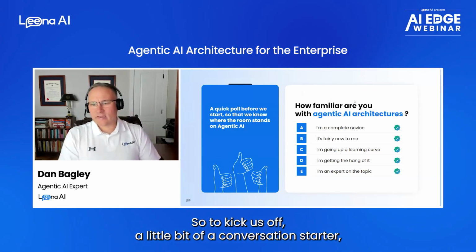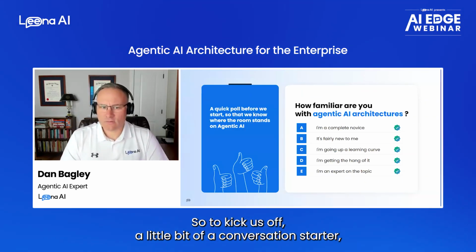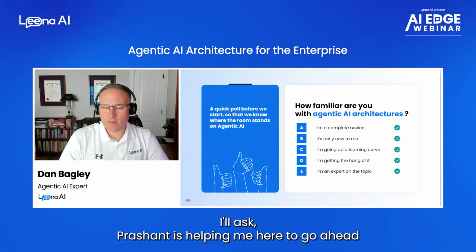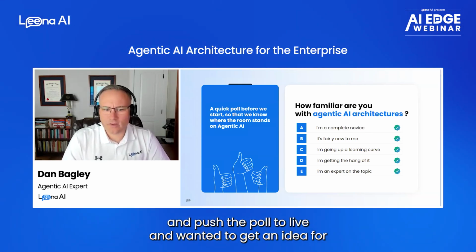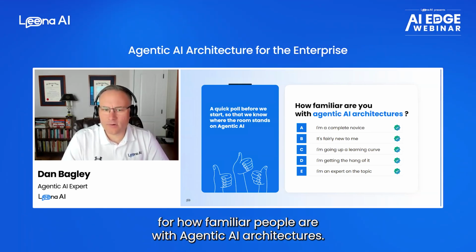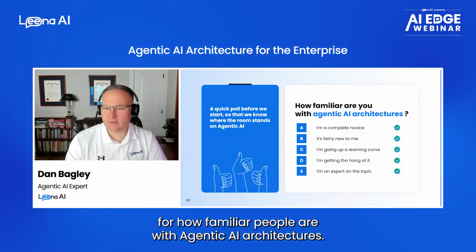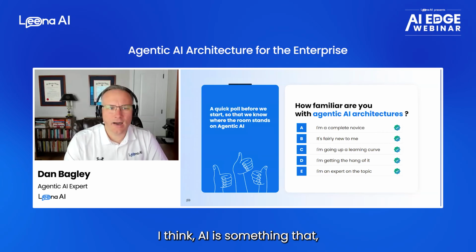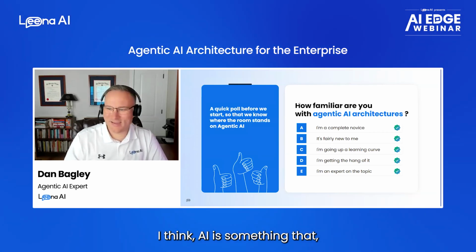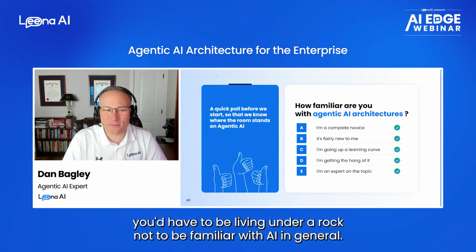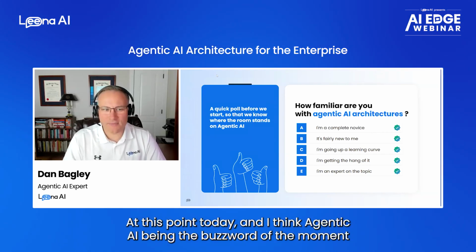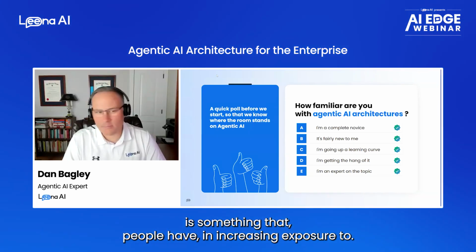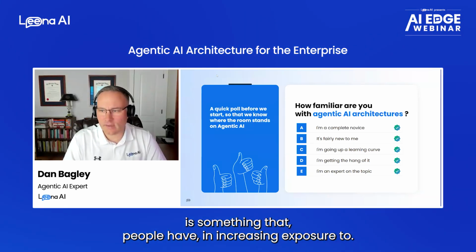All right, so to kick us off, a little bit of a conversation starter, I'll ask Prashant, who's helping me here, to go ahead and push this poll to live. Wanted to get an idea for how familiar people are with agentic AI architectures. I think you'd have to be living under a rock not to be familiar with AI in general at this point in time. And I think agentic AI, being the buzzword of the moment, is something that people have increasing exposure to.